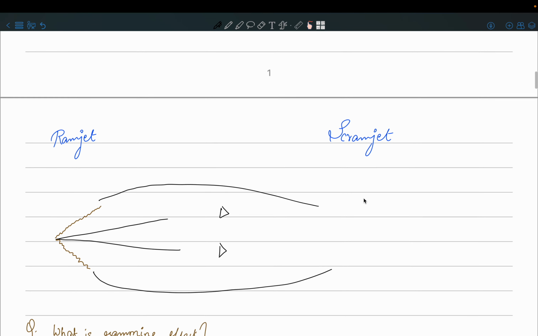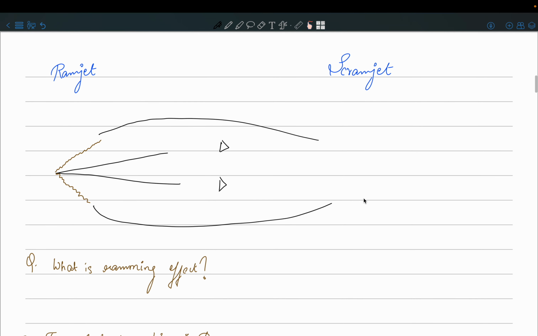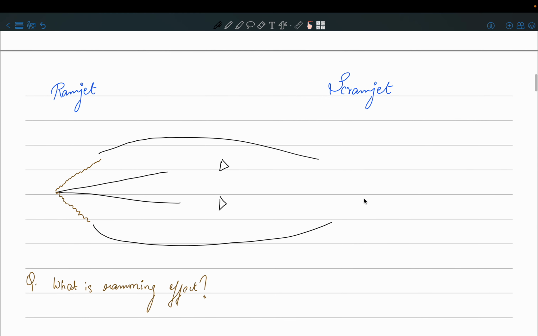So next we'll move on to ramjets and scramjets. What are the differences between a ramjet and a scramjet, or what is a ramjet? What is ramming effect?